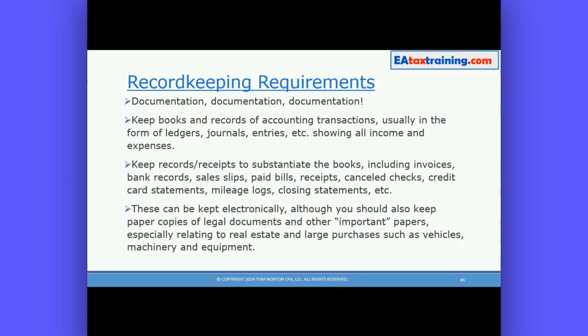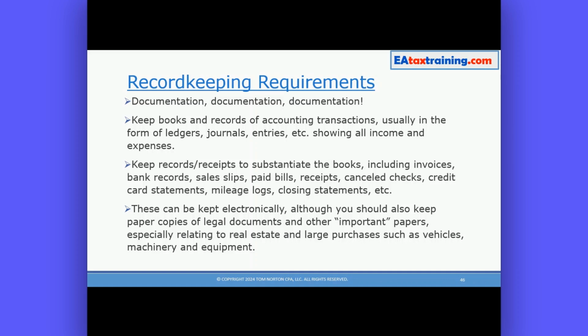A lot of times we do this these days using various types of software, but it does not have to be. It can be by hand. You must keep the records and receipts to substantiate what is in the books. So you want to keep invoices, bank records, sales slips, paid bills, receipts, canceled checks, etc., to support the numbers that you have put into your books.